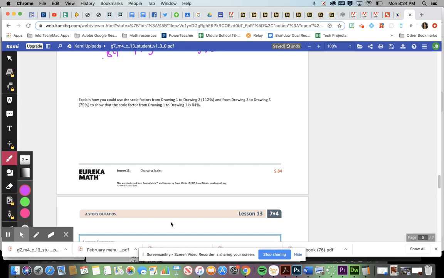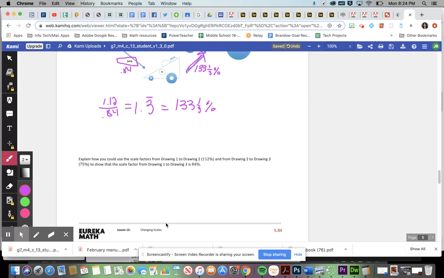Okay. And down here it says, explain how you could use the scale factors from drawing 1 to drawing 2, the 112%, and from drawing 2 to drawing 3, 75%, to show that the scale factor from drawing 1 to drawing 3 was 84%. Okay, well, I'm going to type this out.